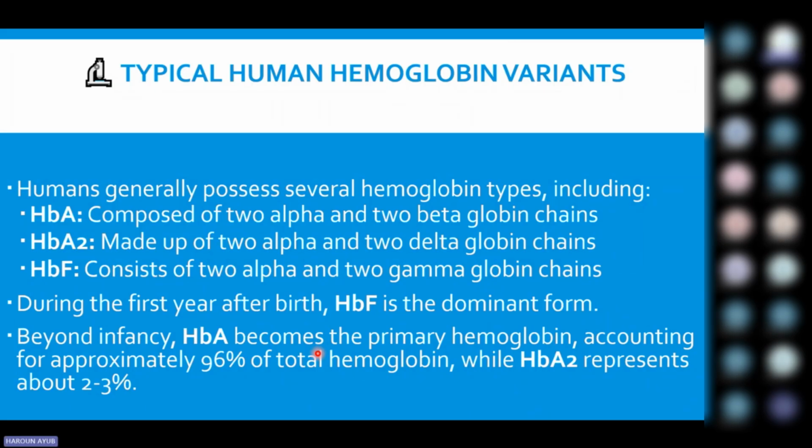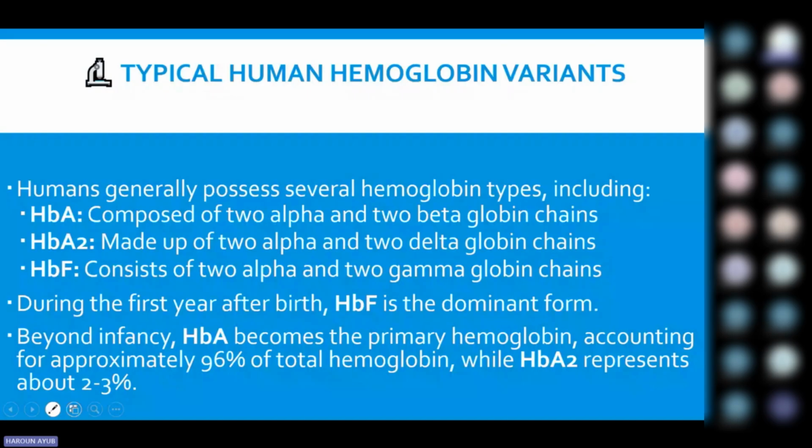So while we are testing for hemoglobin F maybe in infants, you'll find that the highest percentage will be HbF, while HbA now replaces that particular HbF, and it accounts for around 96% of the total hemoglobin for normal healthy individuals, while HbA2 will represent about 2 to 3%.